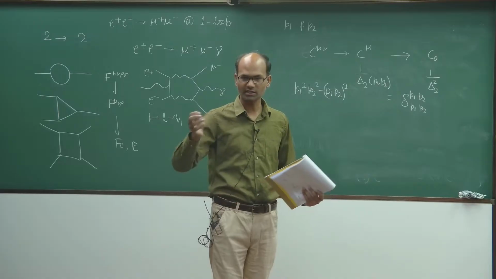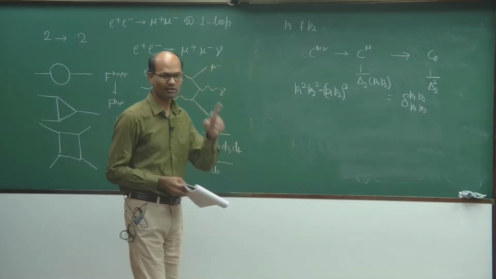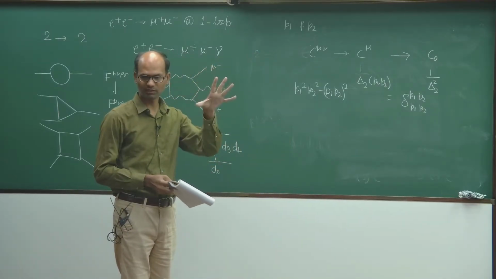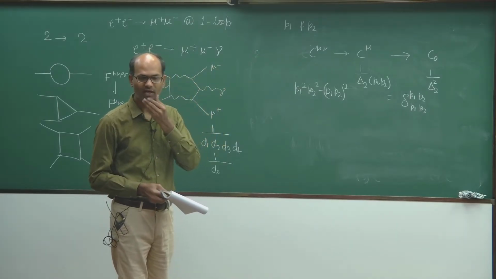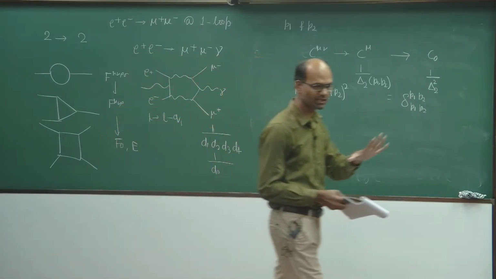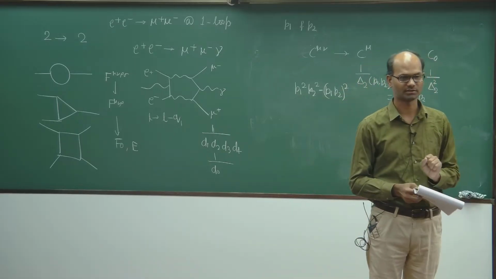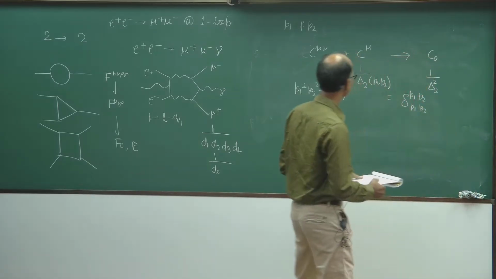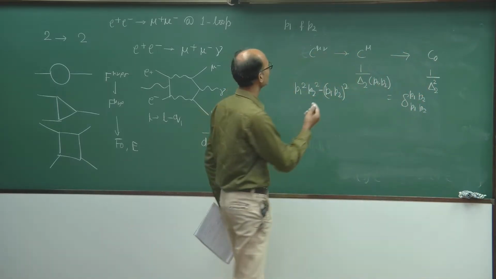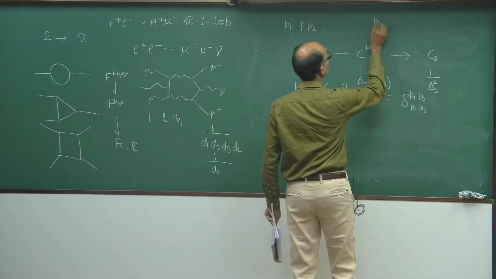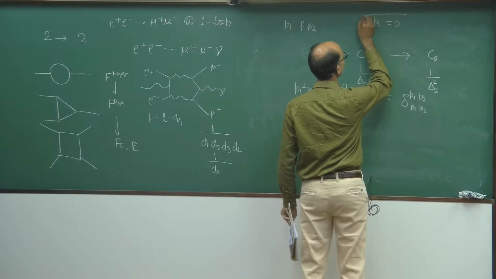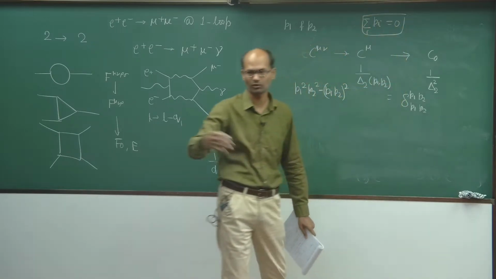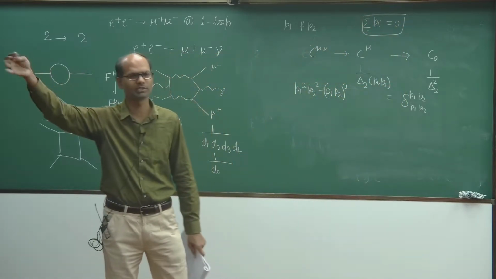So the question is, in all those events where P1 and P2 go to P3, P4, and P5, are they always linearly independent? That is the question. The only thing that is crucial in scattering processes is this: the sum over Pi is equal to 0, assuming that all of them are incoming or outgoing, or P1 plus P2 is equal to P3 plus P4 plus P5.